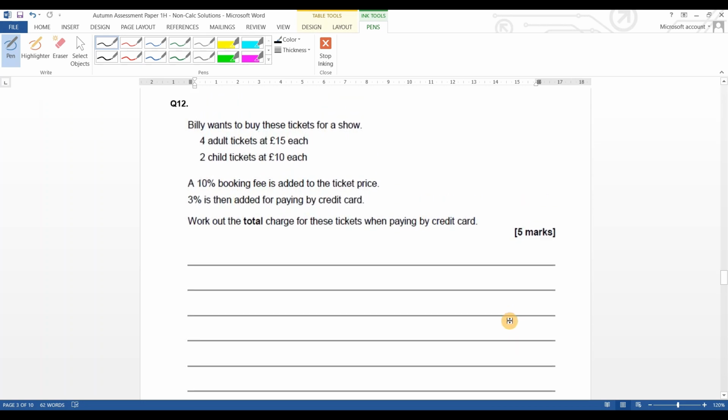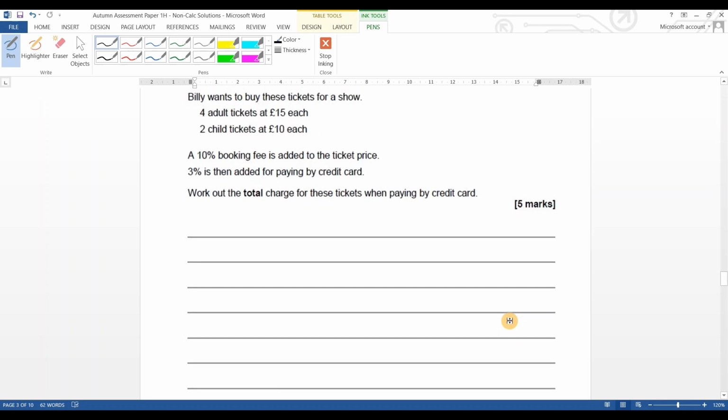Let's see. So Billy wants to buy these tickets for a show. 4 adult tickets at £15 each. 2 child tickets at £10 each. Right. 10% booking fees added. Right. 3% is then added. Okay. Let's work out how much it would be. 4 adult tickets, £15 each. Let's do that first. That's going to be 20.